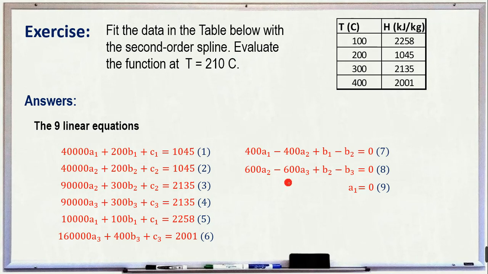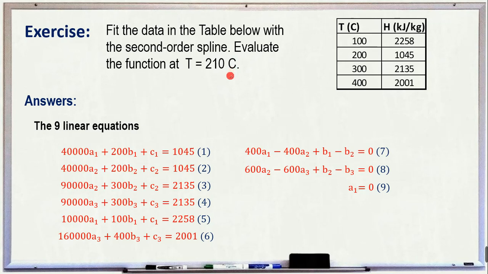Now, in order for you to understand what I have discussed here, you can practice using this exercise. Fit the data in the table below with the second order spline. Evaluate the function at a temperature equal to 210 degrees Celsius.